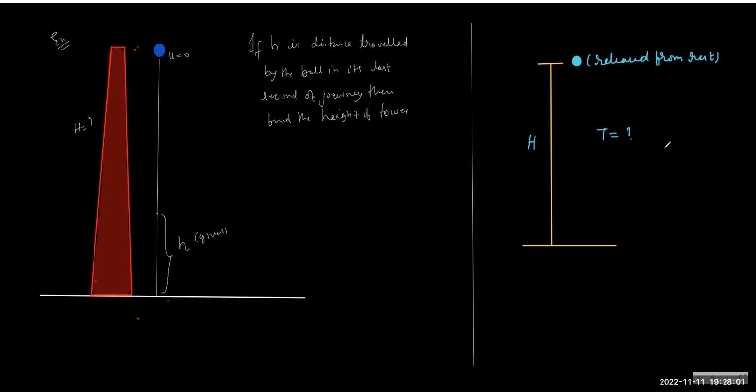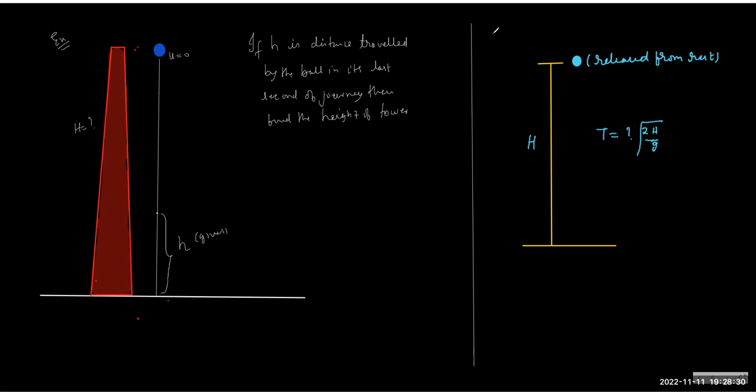Very good. So it is under root of. You have to follow the same rule: write the canonical equation, get the answer. So which canonical equation did you apply? The second one. S is equal to ut plus half a t square.